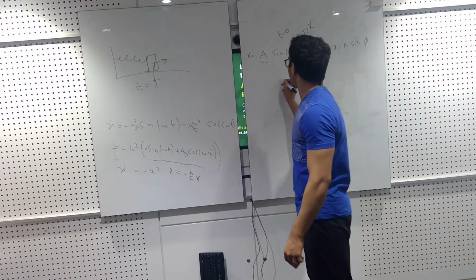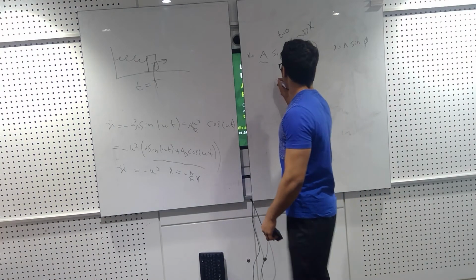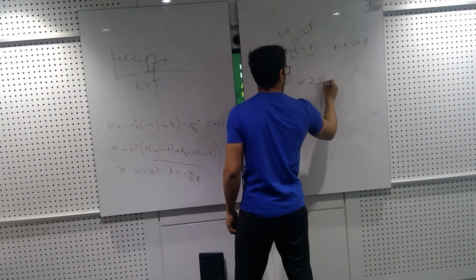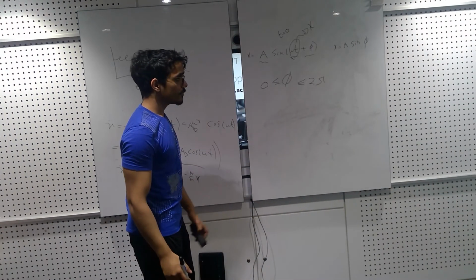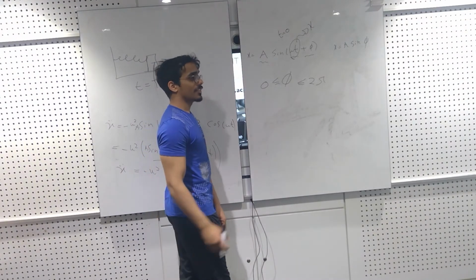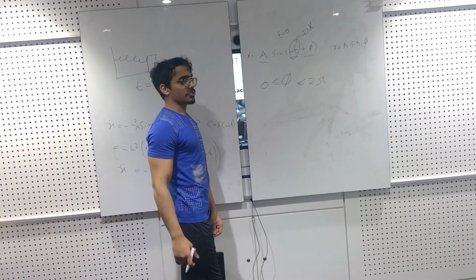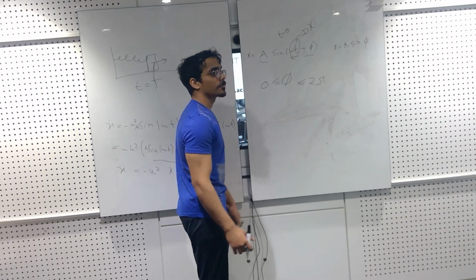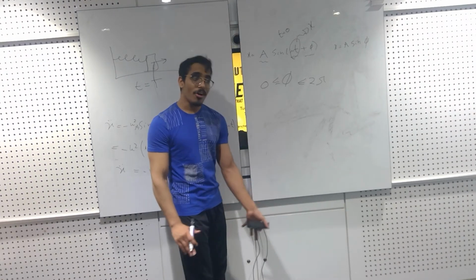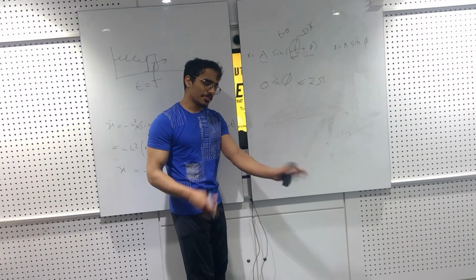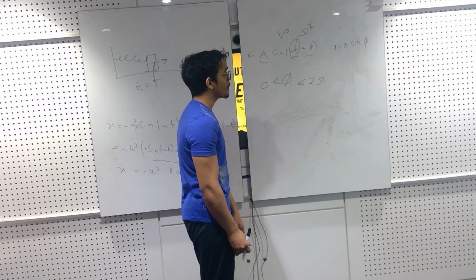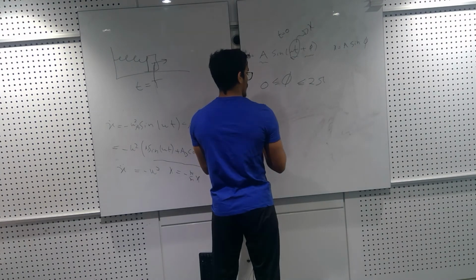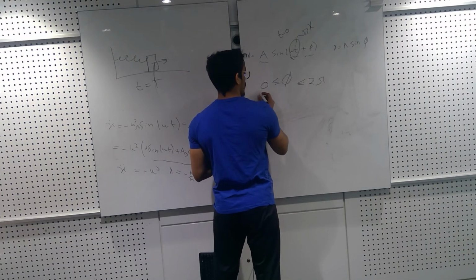But we can instead put phi to lie between 0 and 2 pi, because if it's 2 pi plus 1, then it's the same as 1. There's no point. So we say phi lies between 0 and 2 pi.